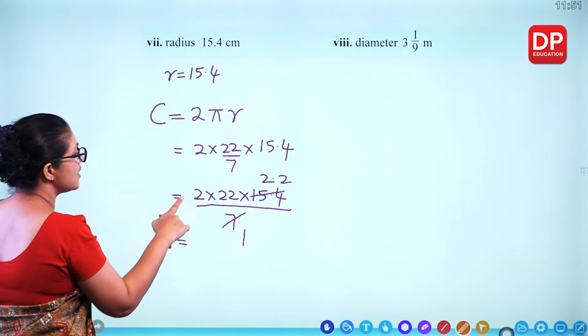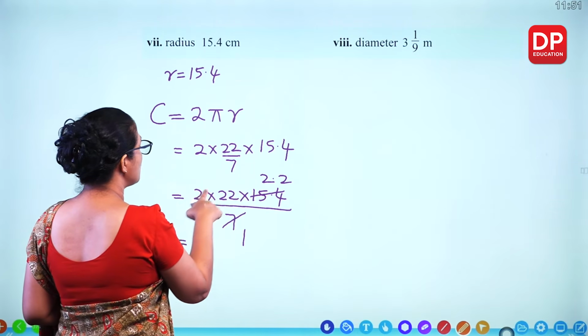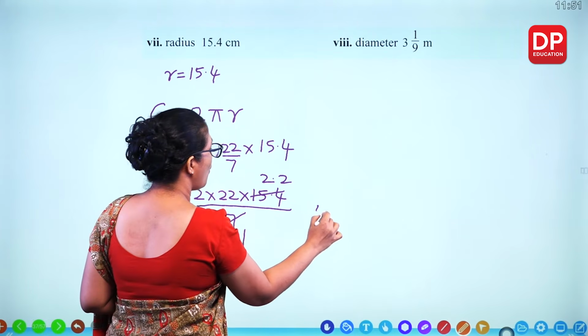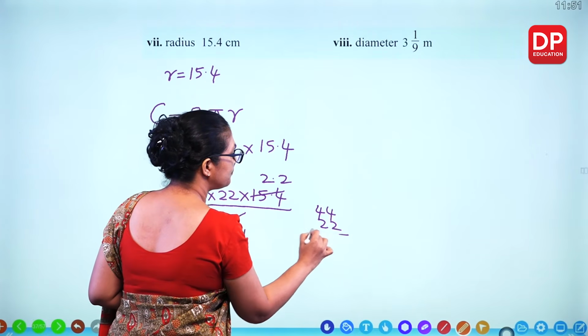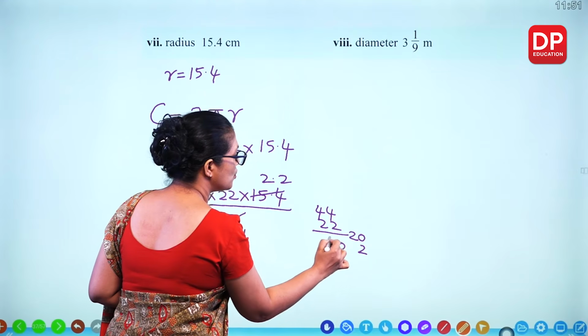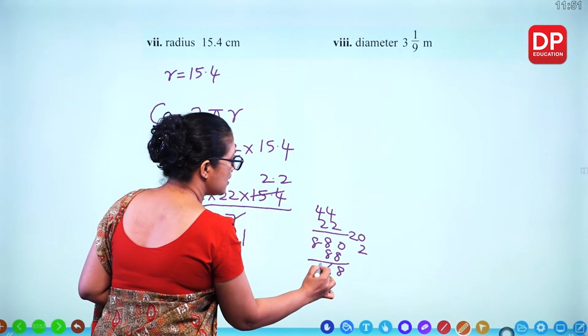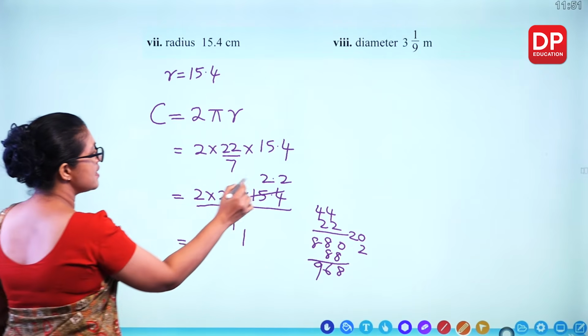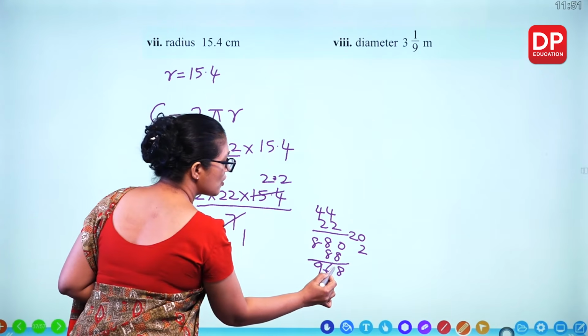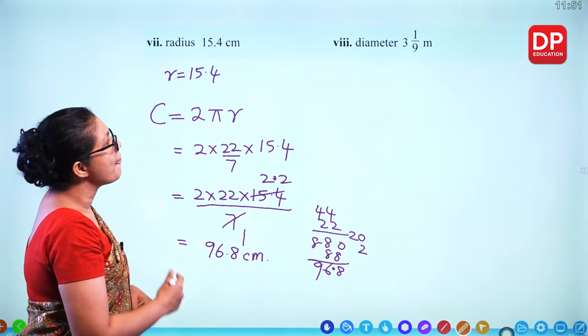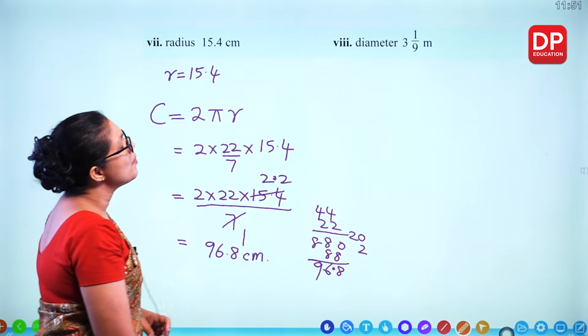So you get 22 times 22 times 2. So 44 times 22, 20 and 2. So you get 968, but here a decimal point is there. So keep one place to the left, 96.8 centimeters is the circumference.